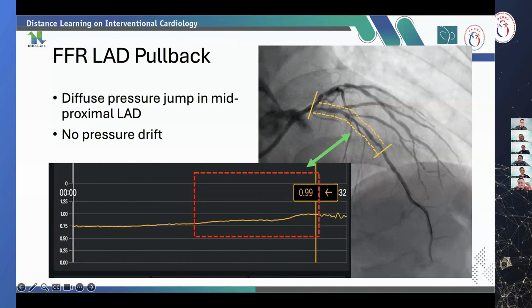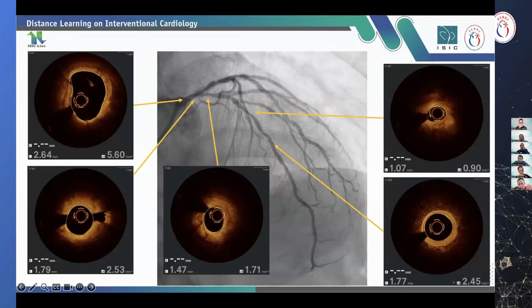But if not, because the side branch LCX is big enough, I don't think there is potential for shifting or compromise of the LCX. So only provisional stenting from the left main to LAD, putting only one stent, then POT to the left main, then access the side branch and evaluate whether there is any problem to the LCX or not.